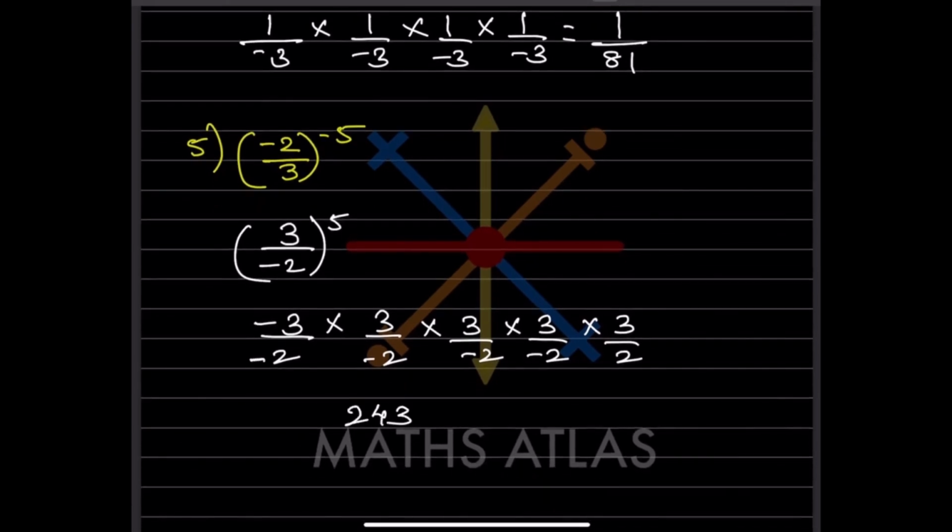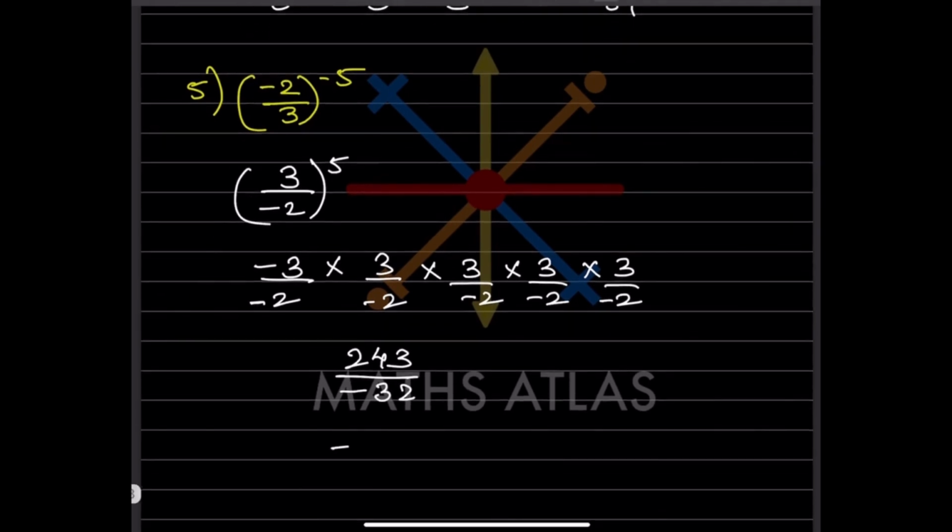Here you will put negative 1. And now you can see, as I said, these are 1, 2, 3, 4, 5, this is an odd number. So it is going to be negative, but then 2 2s are 4, 4 2s are 8, 8 2s are 16, and 16 2s are 32. And this you can also write as minus 243 by 32.